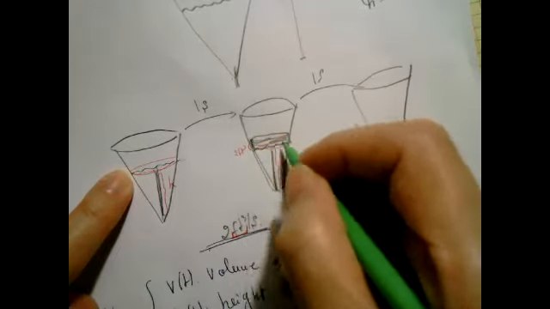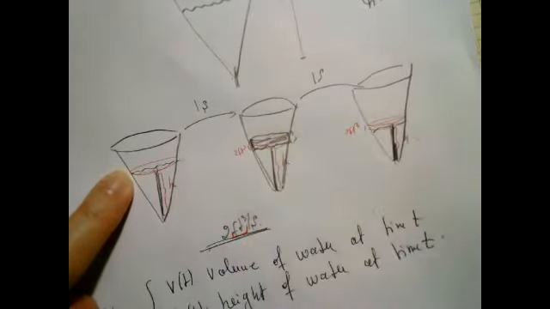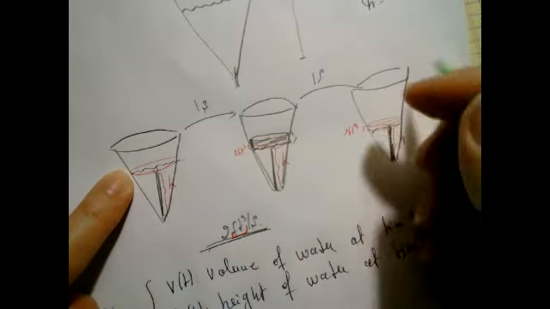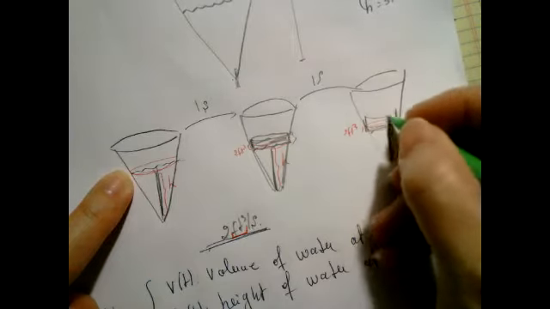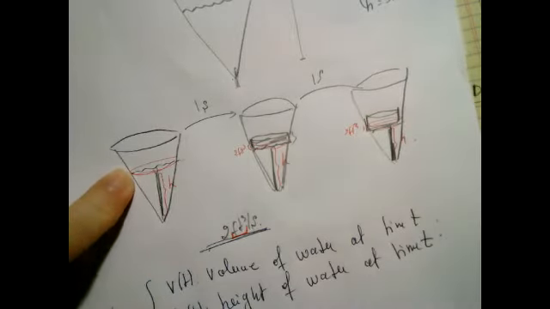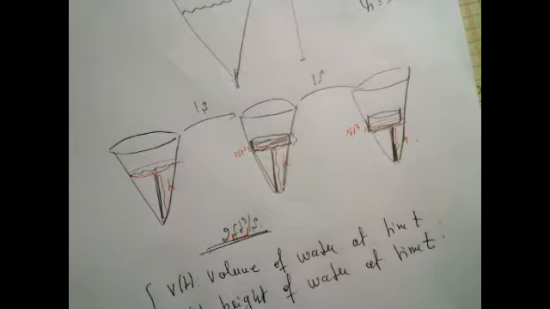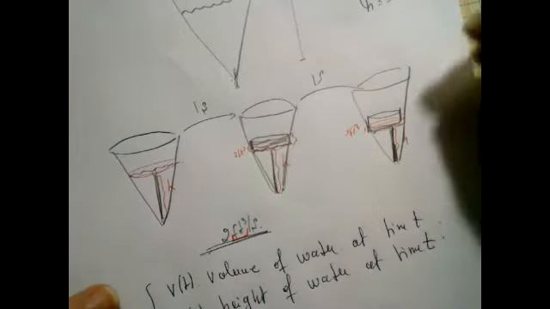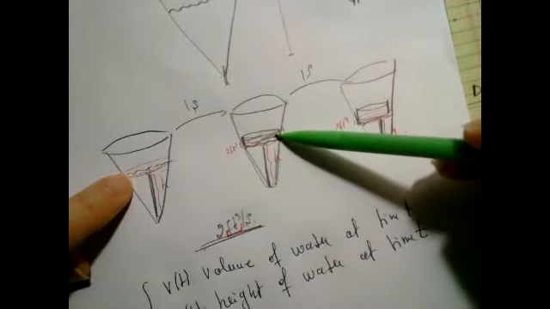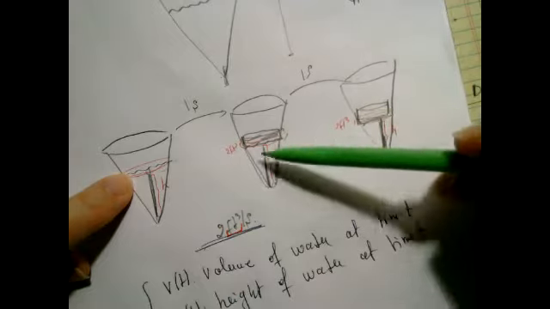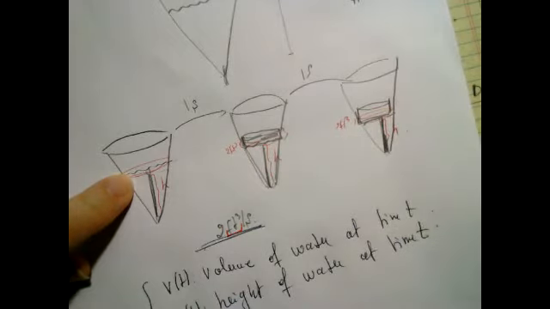The height changed by that much from here to here, but it's higher because the cone is narrower. So the height is going to decrease by a larger amount because the cone is becoming narrower.